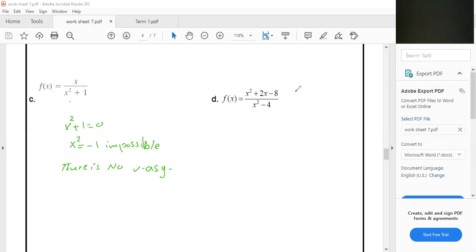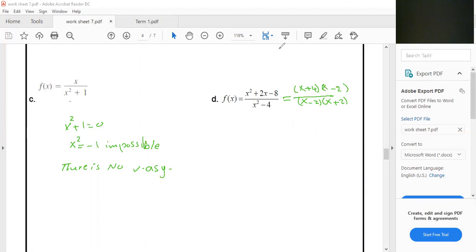Let's solve this one. Factorize the numerator. Factorize the denominator. Okay, x, and you can use the calculator, multiply 3. Here x minus 2. Here what? X plus 2. I think most of you know how to factorize. Look here, I'd like to use a different color.